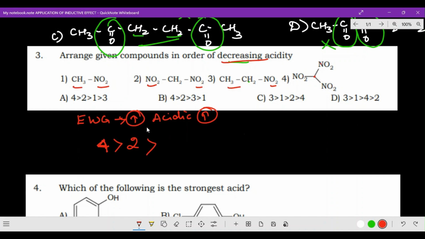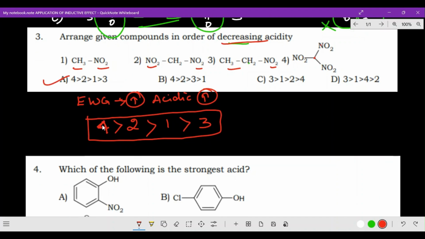See, as the number of carbons increases, the plus I effect increases, whereas we are looking at electron withdrawing groups only, so the one with fewer carbons will come first. Then the last one, CH3CH2, which is the third one. So which is the correct option? 4213. A, B, C, D. Yes, A is the correct option. Yes, you got that idea.